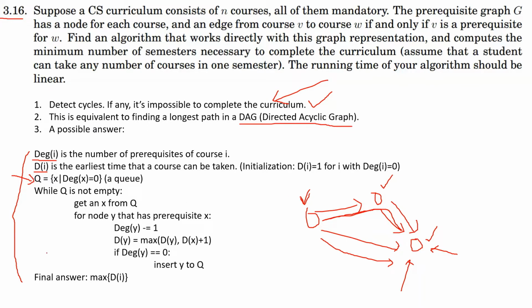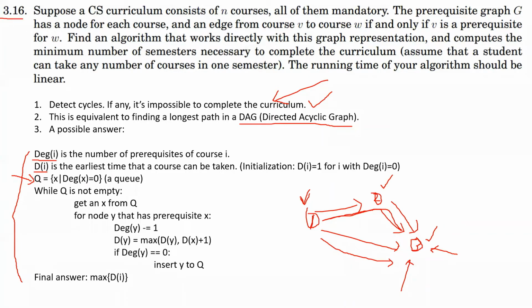And every time you will get an x from Q, which means you can take it, and then you update all the courses that have x as their prerequisite. For example, 1, 2, 3.